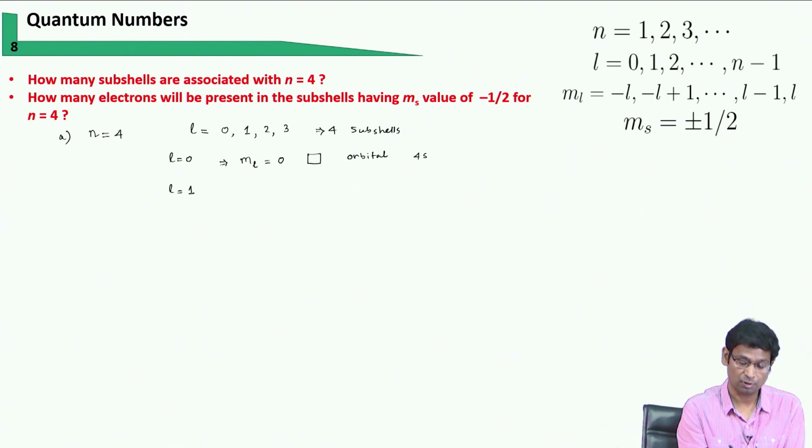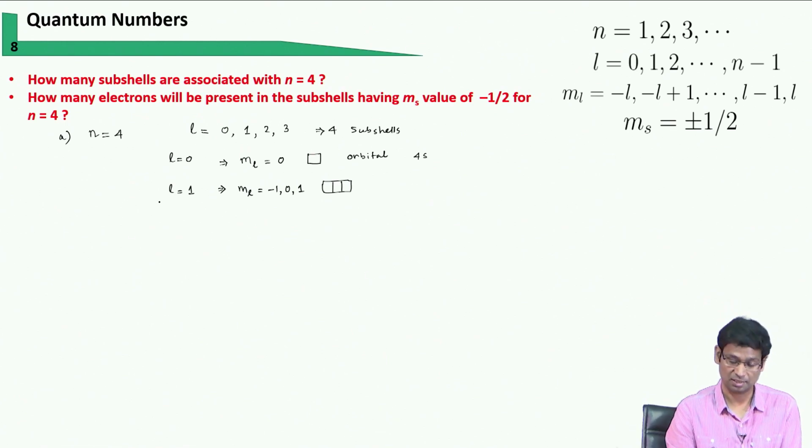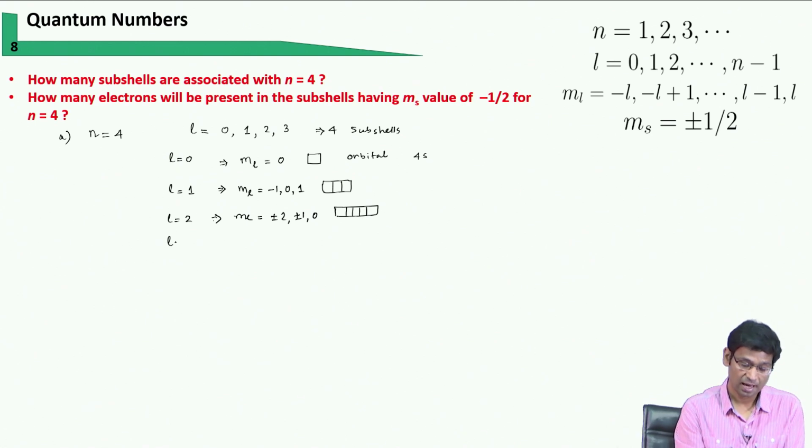Similarly, when I go to L equals 1, I have 2L plus 1, that means 3 ml values. So, ml goes from minus 1 to 0 to plus 1. So, therefore, I have 3 orbitals in this subshell. So, this can be 4p, and for L equals 2, I have ml equals plus minus 2, plus minus 1, 0. So, therefore, 5 orbitals in this subshell, and for L equals 3, I have ml values going from plus minus 3, plus minus 2, plus minus 1, 0.